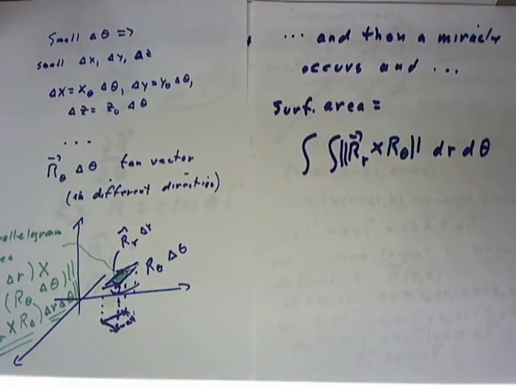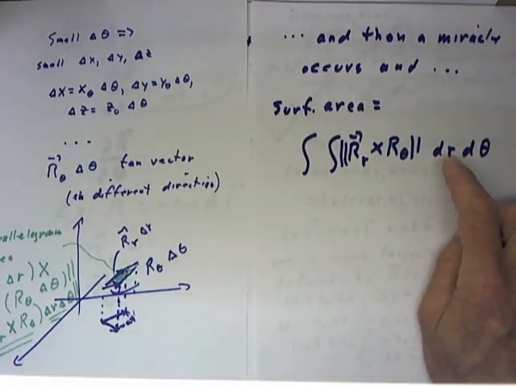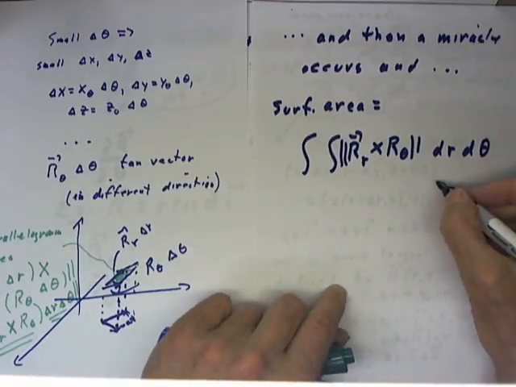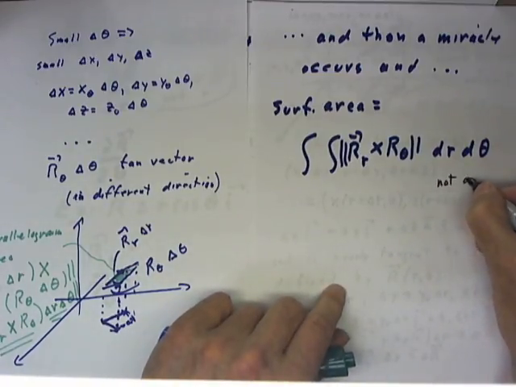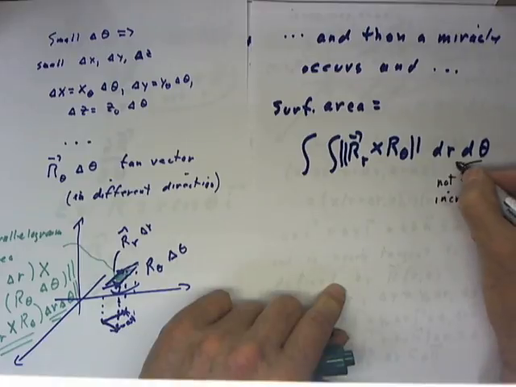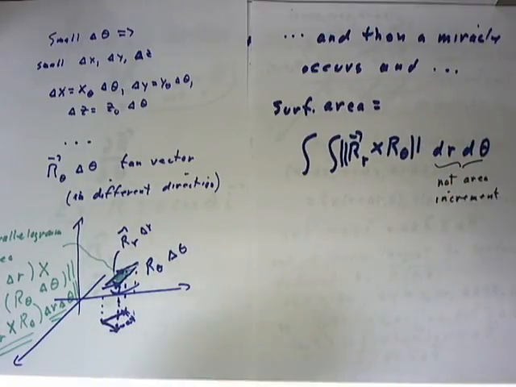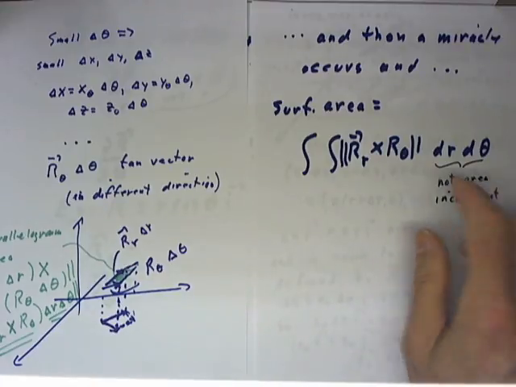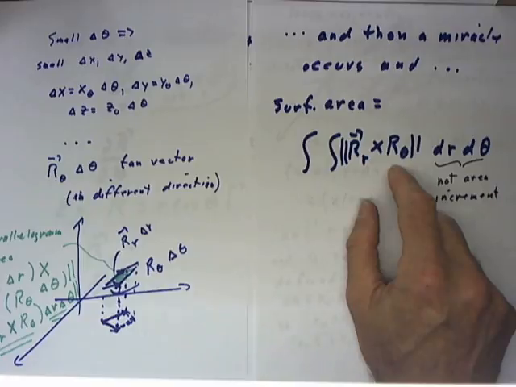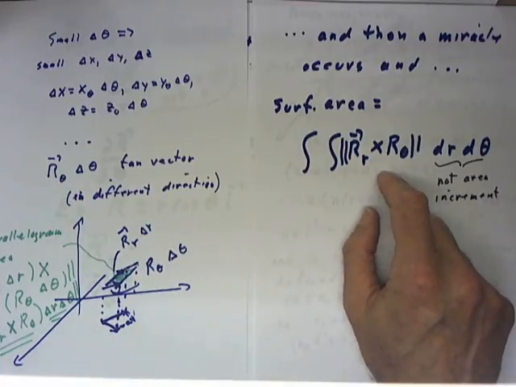We'll get into the gory details of why you don't have r dr d theta. I'll simply note that this is not an area increment. If it was supposed to be an area increment, we'd have an r dr d theta, but the r part is really kind of taken up in the process of finding the cross product.